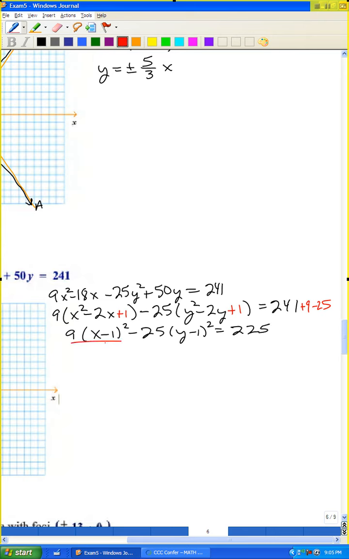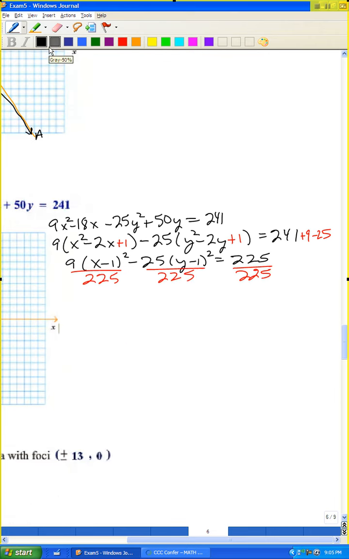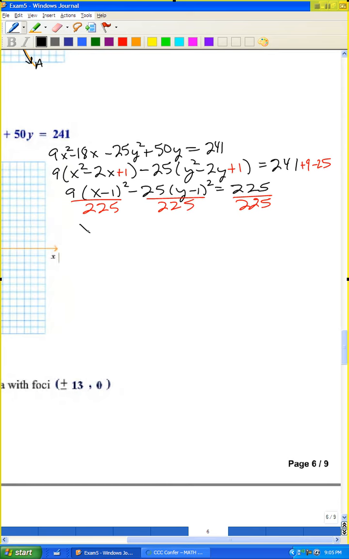Divide both sides of your equation by 225. And so you get x minus 1 squared over 25 minus y minus 1 squared over 9 equals 1. So a is 5, b is 3, 25 plus 9 is 34.